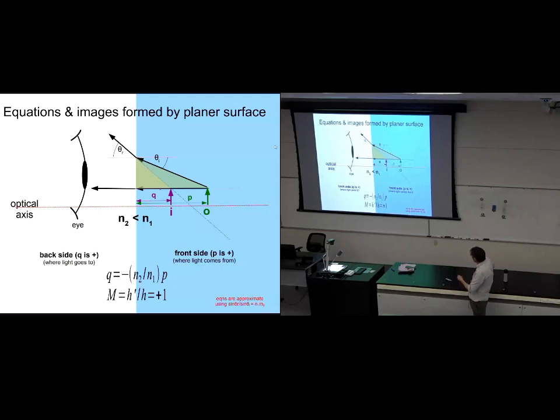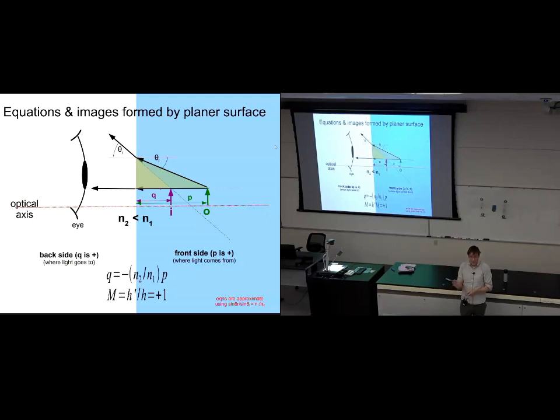Let me say something about the signs. There's a minus sign here which brings up this whole topic of the signs of P's and Q's, like that was important also for mirrors. Things are a bit different here for refraction than they are for mirrors, because in mirrors, light always exists on the front side of the mirror, and the light is never actually on the back side of the mirror.